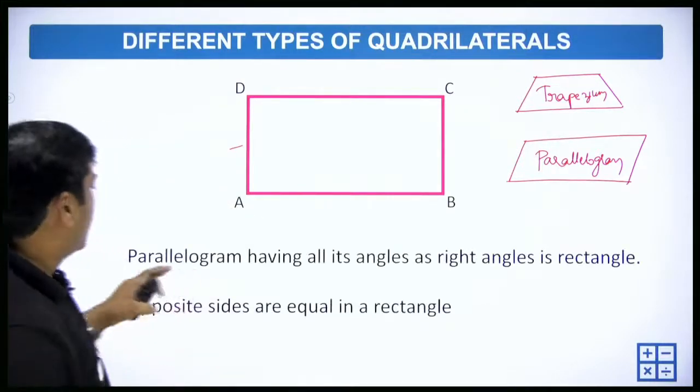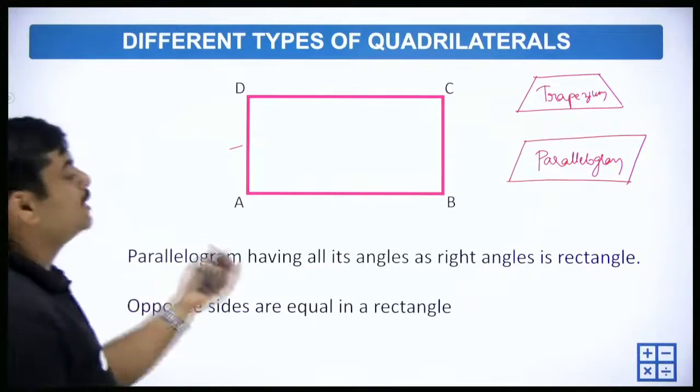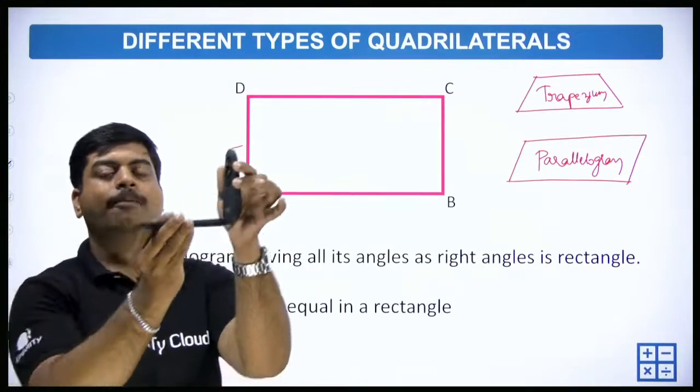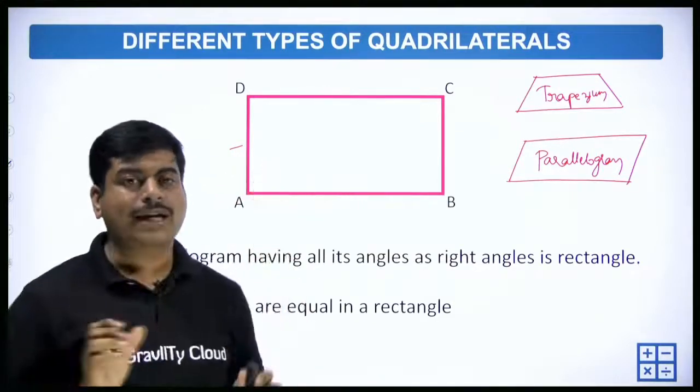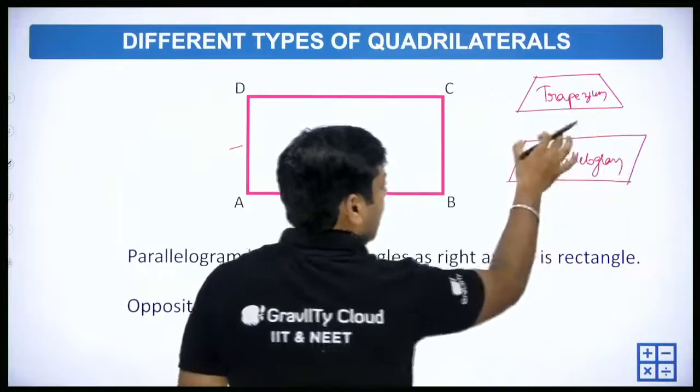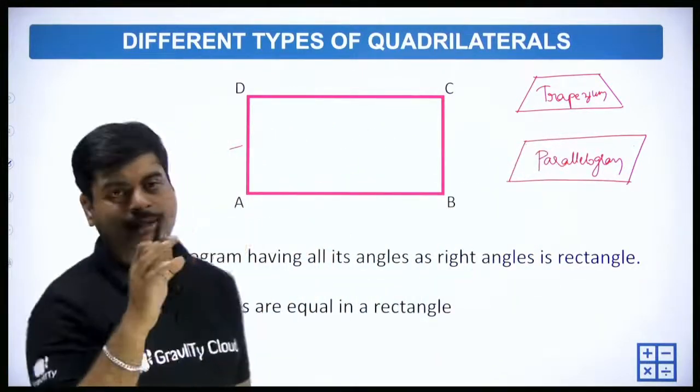What is that? A parallelogram having all its angles as right angles. You know what a right angle is? A perfect L shape will give you a right angle. So this is not an L shape, this is not an L shape. A parallelogram will not normally have right angles.